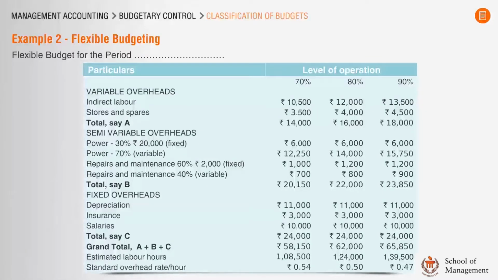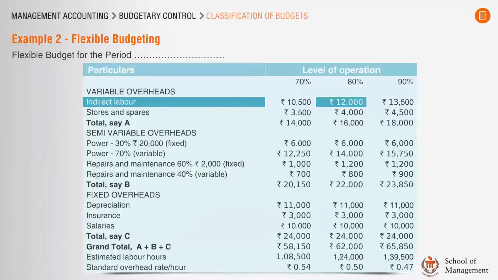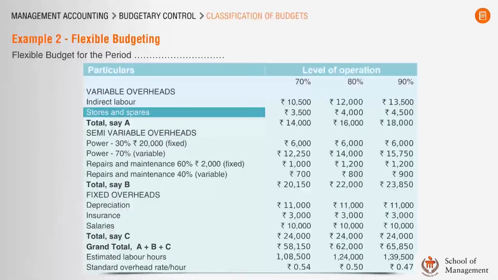Therefore, at 70% capacity, indirect labor cost would be rupees 12,000 divided by 80% multiplied by 70%, which is equal to 10,500. Similarly, stores and spare cost would be rupees 4,000 divided by 80% into 70%, which is 3,500 rupees.